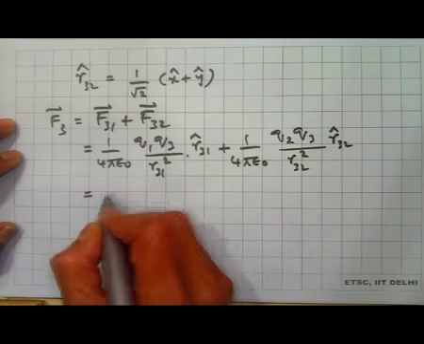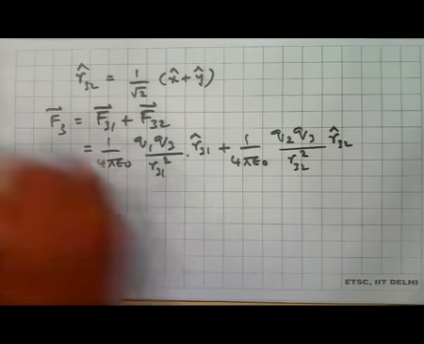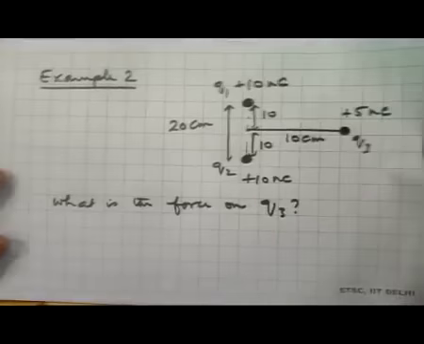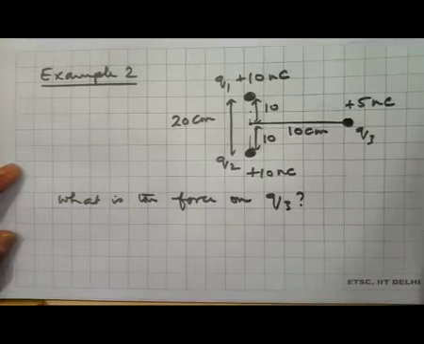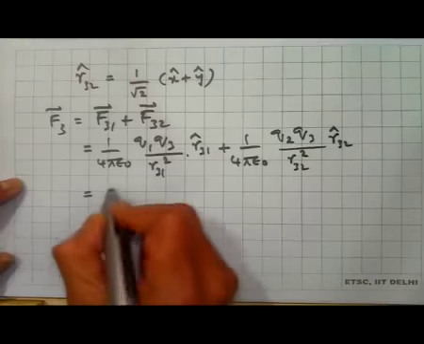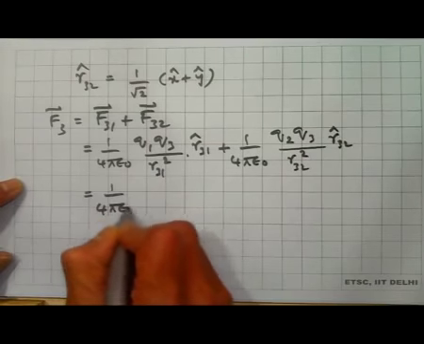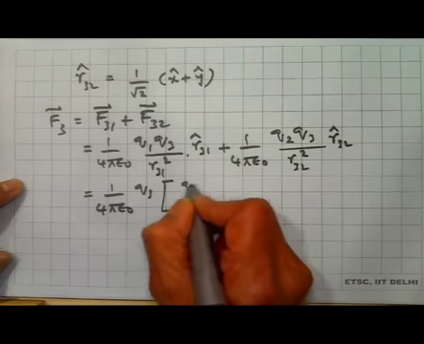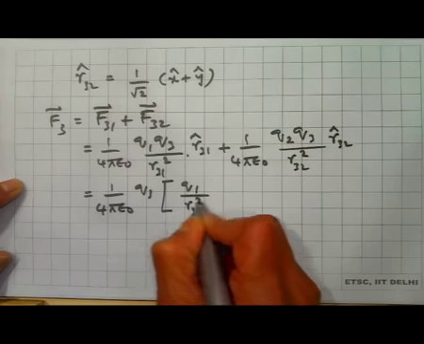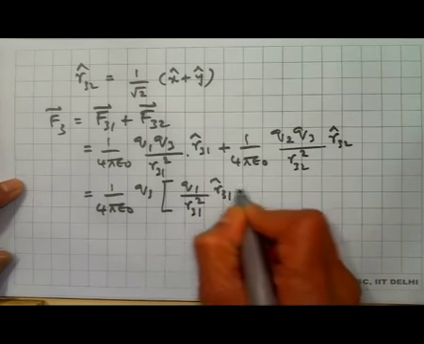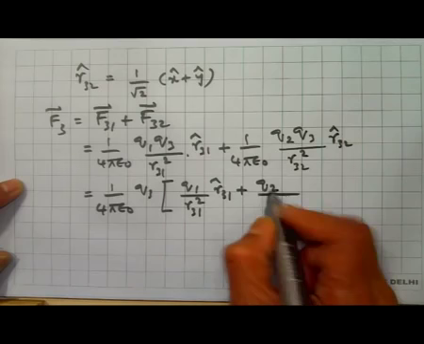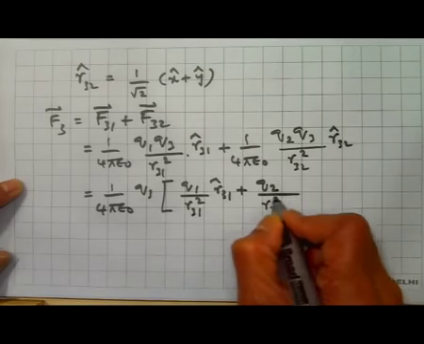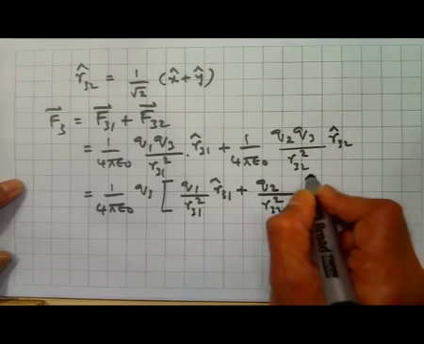Now you see here that the charges in my problem are equal. I have taken q 1 and q 2 as equal, 10 nanocoulomb, and q 3 is different. So, this is actually 1 by 4 pi epsilon 0 q 3 into q 1 by r 3 1 square r 3 1 cap plus q 2 by r 3 2 square r 3 2 cap.